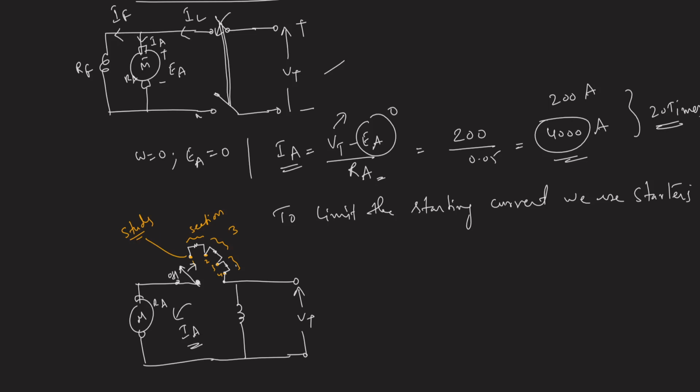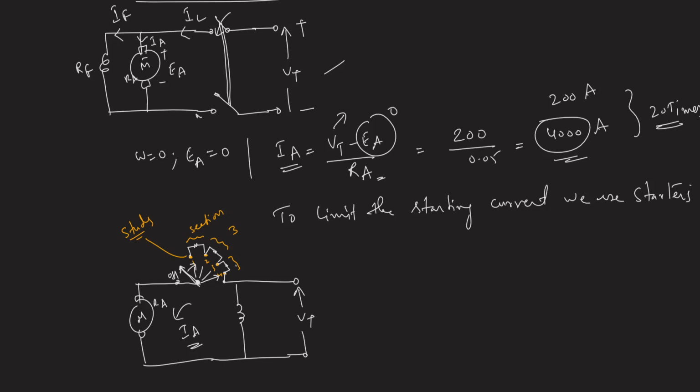As the motor picks up its speed, slowly I move from the first position to the second, to the third, and then the run position. So the pointer moves from the off position to first, second, third, and lastly fourth.